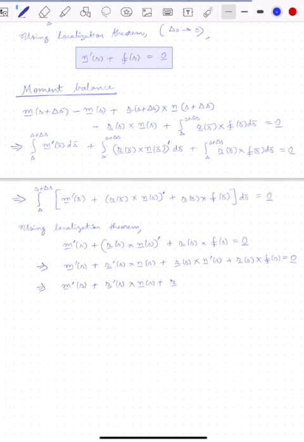Let's look at the last two terms. In both the cases R of S is common, so we can have N prime of S plus F of S is equal to 0. So this is equal to 0 from force balance.